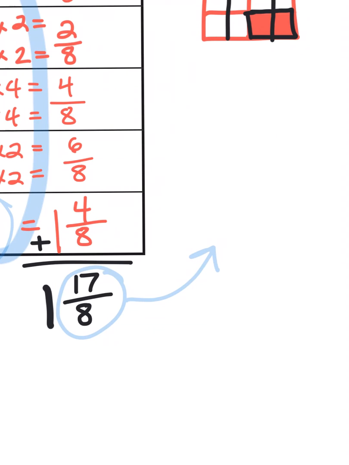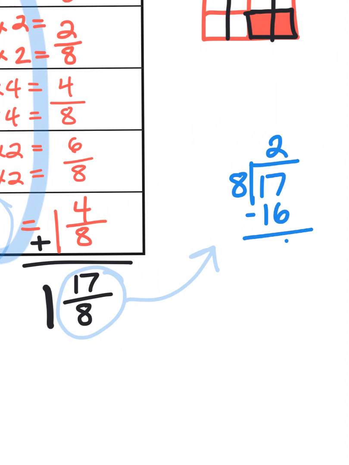So basically what I need to do is find out how many groups of 8 I can get out of 17. Well, again, if we're skip counting, or thinking about multiples, 2 times 8 is 16, 3 times 8 is 24, so the best I could do in terms of getting groups of 8 out of 17 is 2, because 2 times 8 is 16.